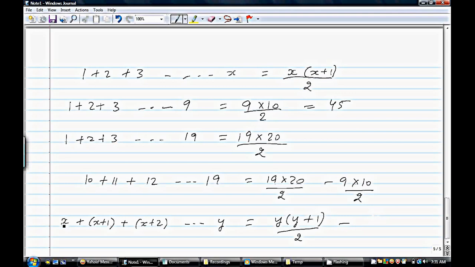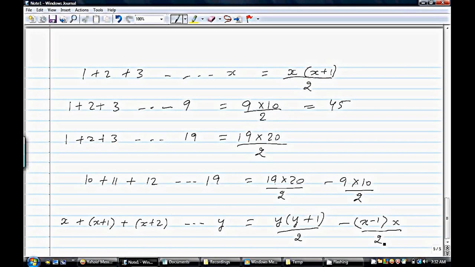So remember, we have x in the series, so we have to subtract numbers until x minus 1. So that will be x minus 1 into x divided by 2. So this is the general formula.